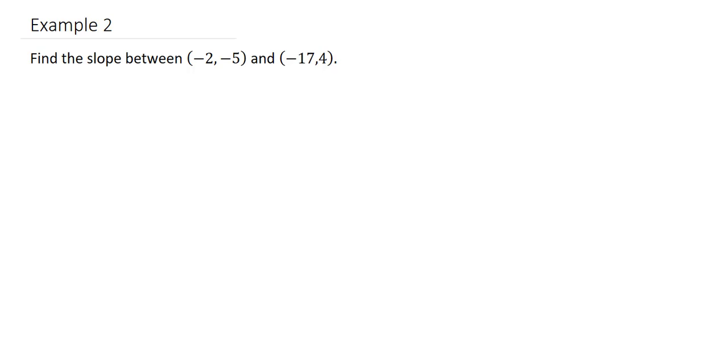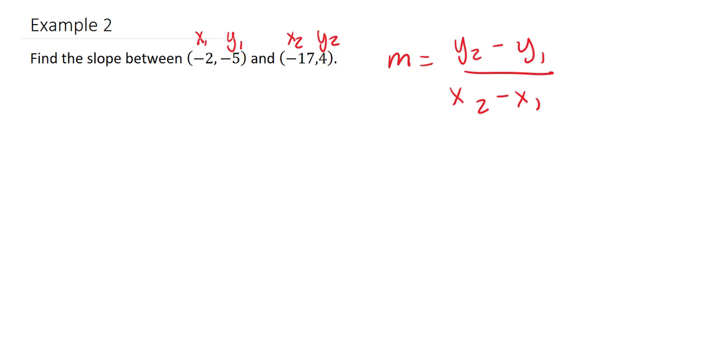Example 2. Find the slope between (-2, -5) and (-17, 4). So this is our x1, this is our y1, this is x2, y2. And remember, slope is y2 minus y1 over x2 minus x1.